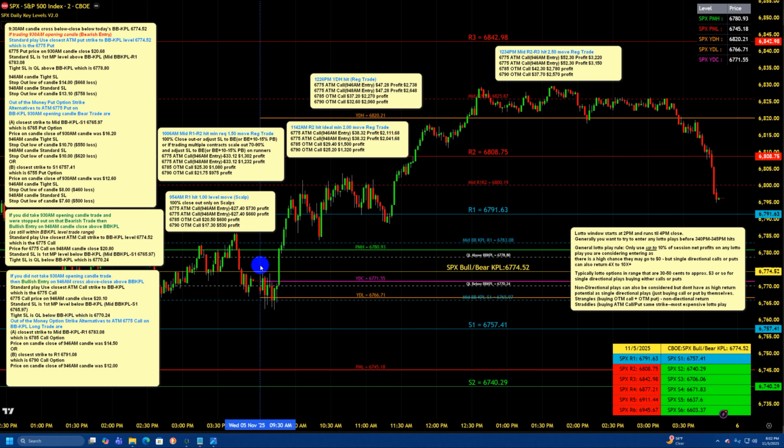It could have opened above, stayed above, or even crossed below after opening above. The main point is, where is it closing? So you were waiting until the candle closed to also buy whichever strike that you're going to use if you're going to enter into this 9:30 a.m.